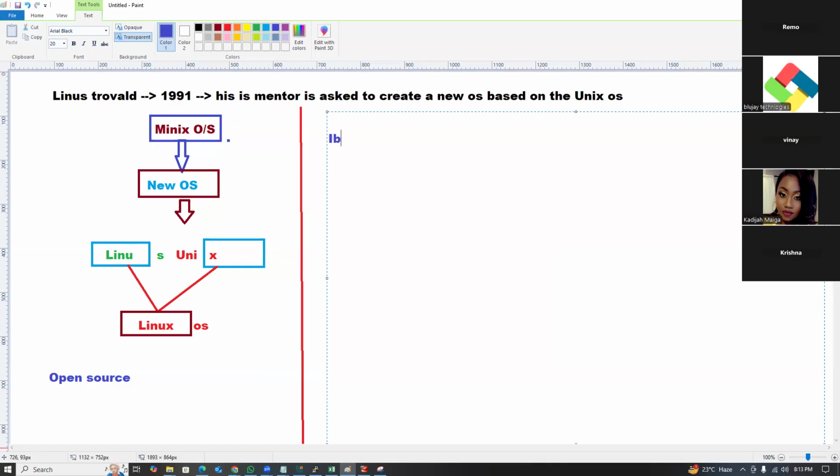For example, IBM took that source code and created their own OS called AIX.